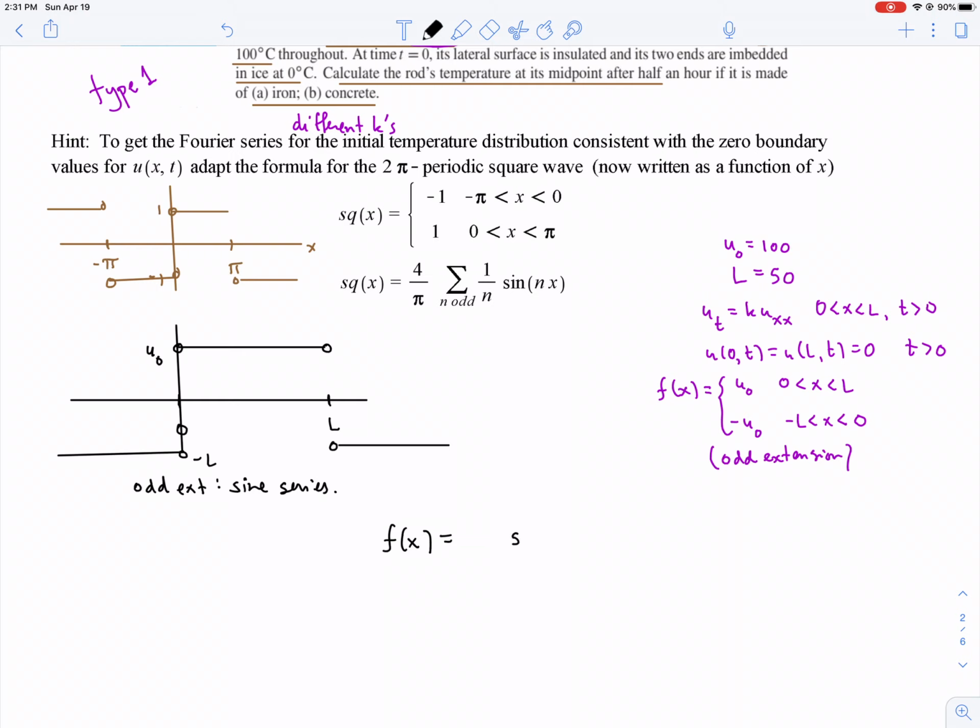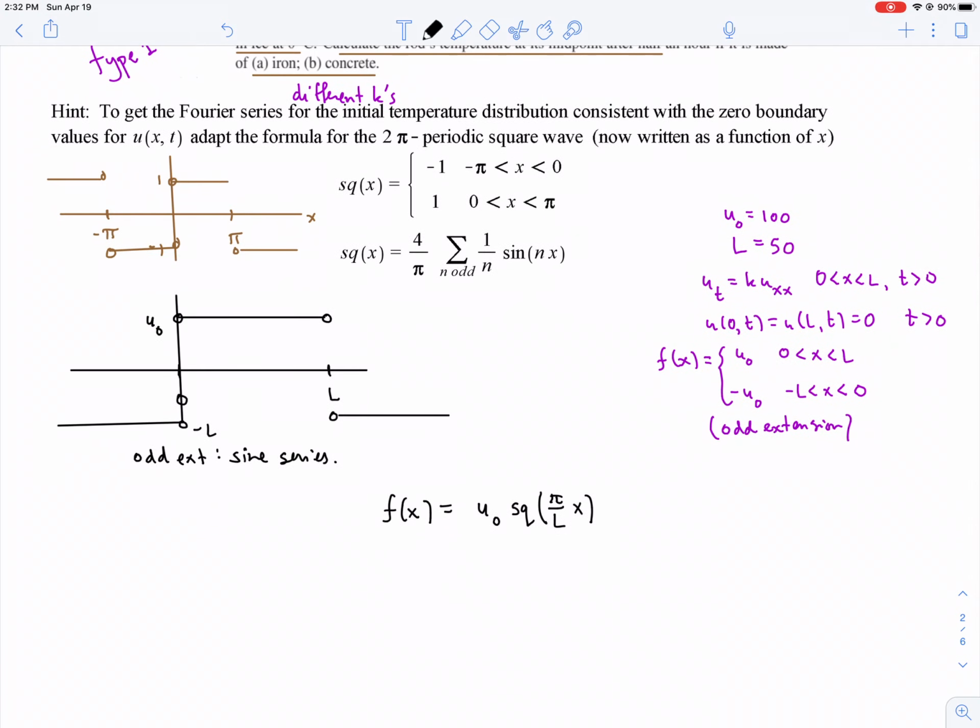So if we take the square wave of pi over L x, then as x goes from 0 to L, the pi over L x will go from 0 to pi, which is exactly what we want. And then in terms of the function, we want temperature U0 instead of temperature 1. So that is f of x defined in terms of a rescaling of the horizontal and the vertical axes back to the square wave.